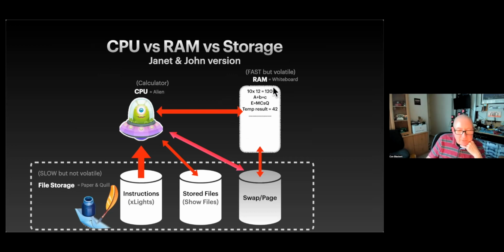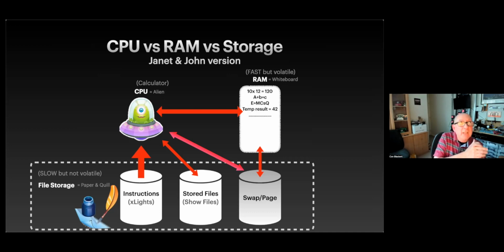So if you think of RAM as your whiteboard, and the calculator as the CPU, then once you switch your computer on, the alien, as I say, is a dumb alien, but it's given a set of instructions as it boots up. You then run something like xLights, in this case, and the CPU uses that information to do something, but in doing so, it needs the RAM to store temporary information.